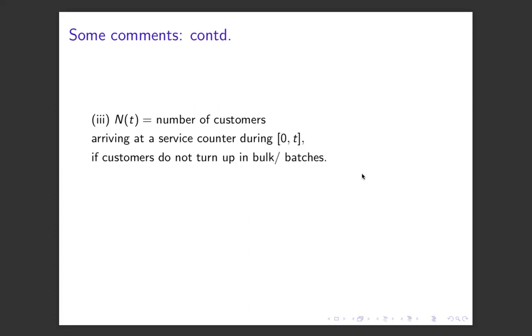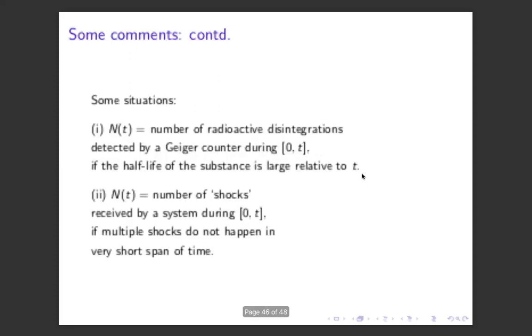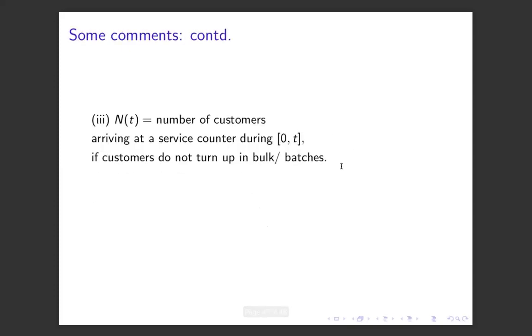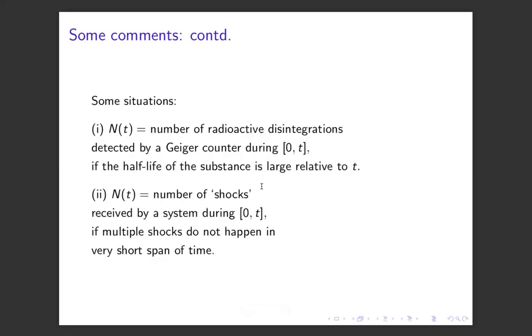So these are basically three classes of examples. This is a fairly large class, and there is some similarity between this and the other one. This also leads to the spatial Poisson point process and things like that. We will not go into it.